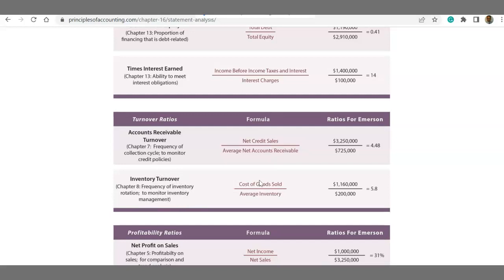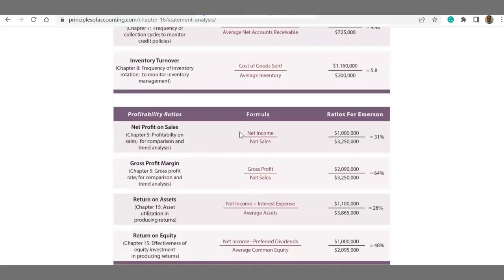So if you divide cost of goods sold by average inventory, that gives you a number that shows that your inventory has been turned over, sold completely, and then purchased again 5.8 times. And that shows how fast the company is moving its inventory and managing its inventory, and technically creating liquidity, because if you turn over the inventory faster, you will create also more liquidity and shows better efficiency in business operation.